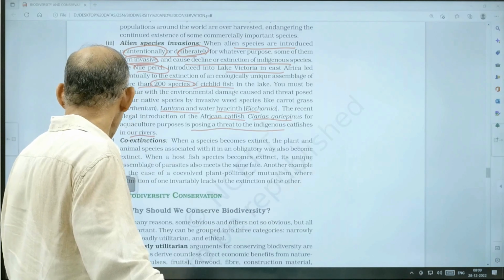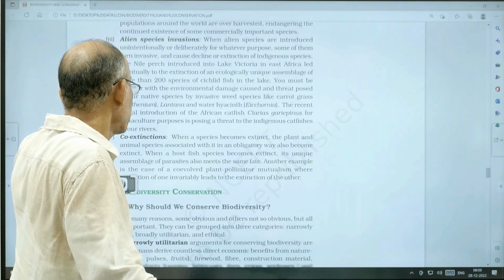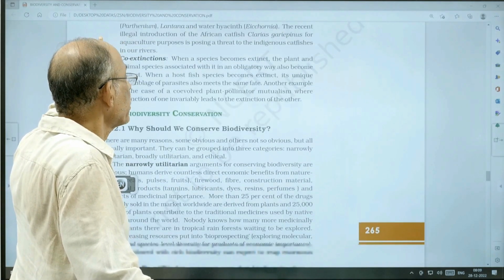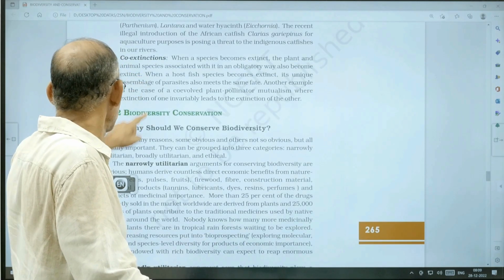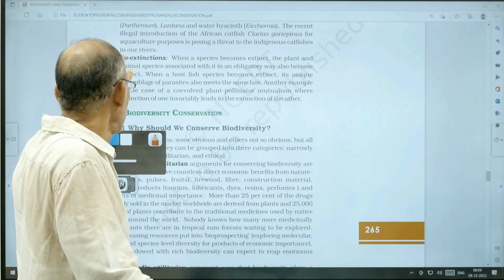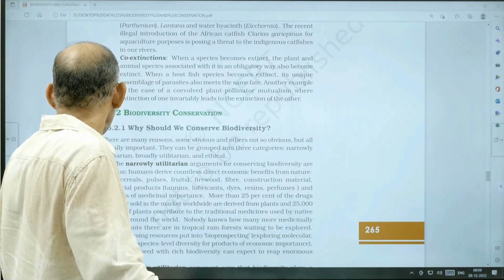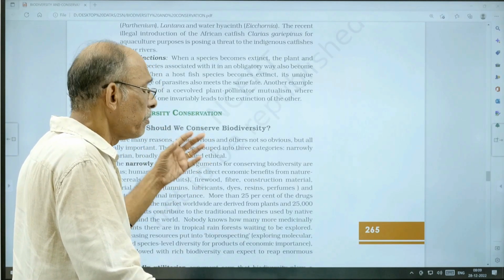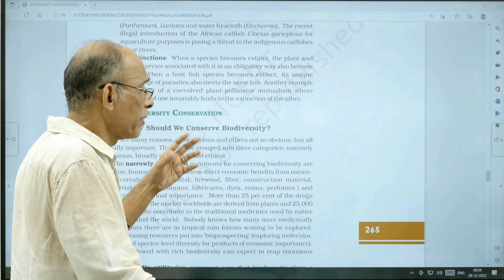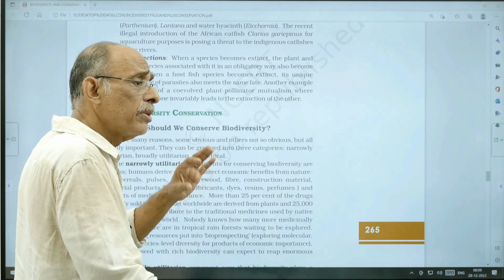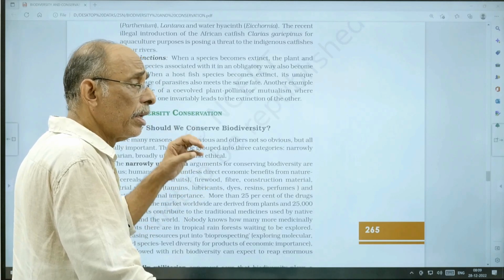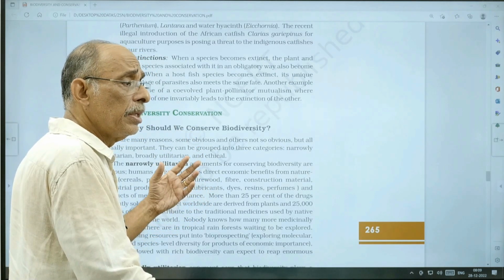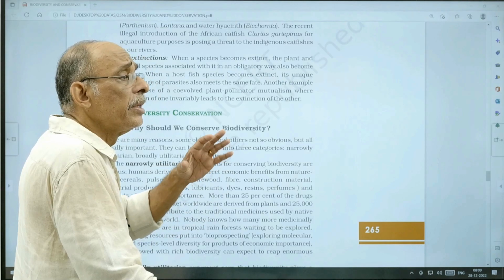Next is co-extinction. Co-extinction means that when a particular species becomes extinct, the plant and animal associated with it also become extinct. For example, there is the plant-pollinator relationship. We have already studied in the second chapter that a particular yucca plant is pollinated by a particular moth. If the yucca plant became extinct, the moth cannot exist.